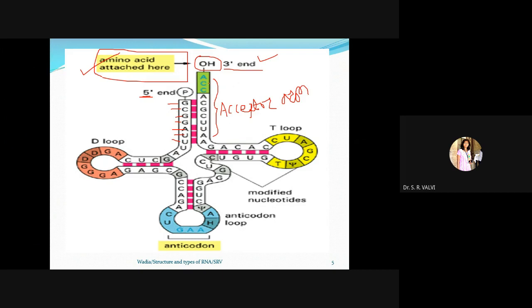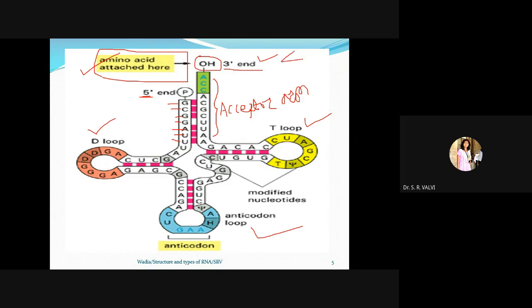Now apart from this acceptor arm, you can observe the D loop, the T loop, and the anticodon loop. Here the main important part is the 3' end where the amino acid is attached.